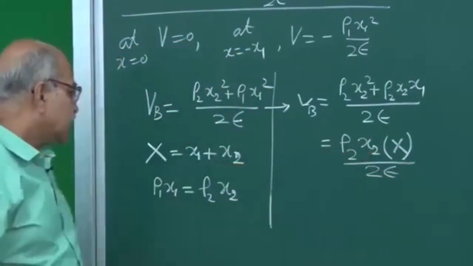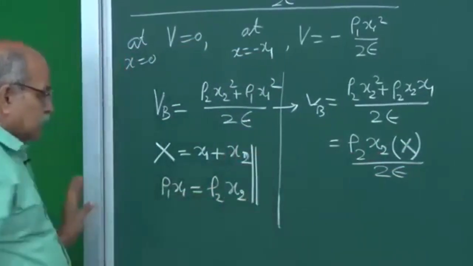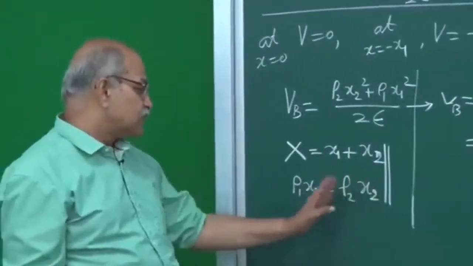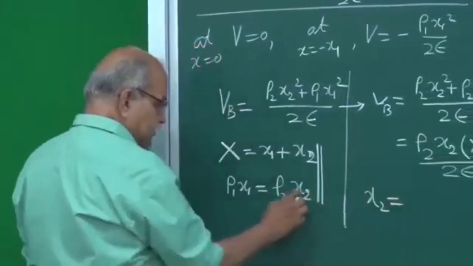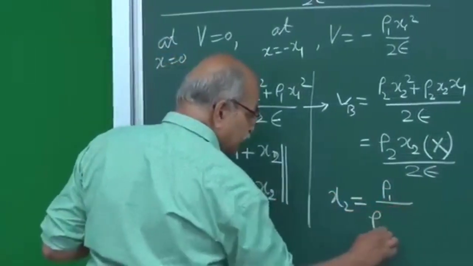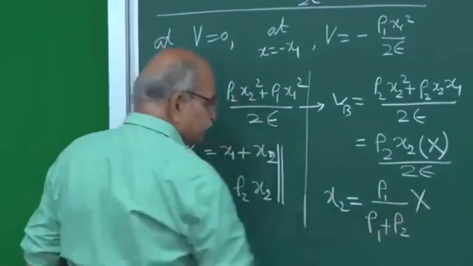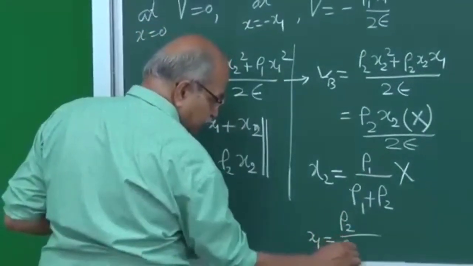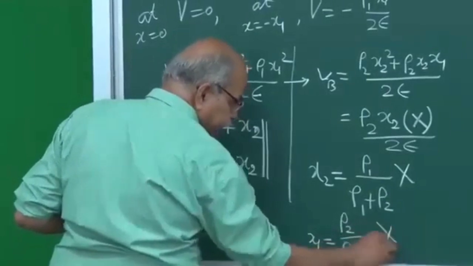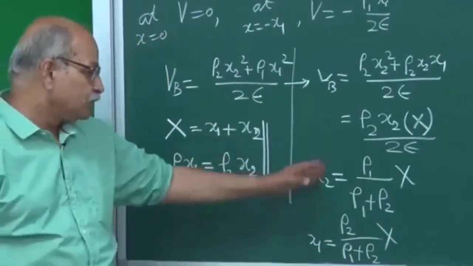Now you have to eliminate this x2, and you can do that from here. x1 and x2 are in inverse ratio of rho 1 and rho 2, and the sum is capital X. So x2 will be rho 1 divided by rho 1 plus rho 2 times capital X. And x1, I don't need that, but x1 will be rho 2 divided by rho 1 plus rho 2 times capital X. Okay, if you add these two, what happens?